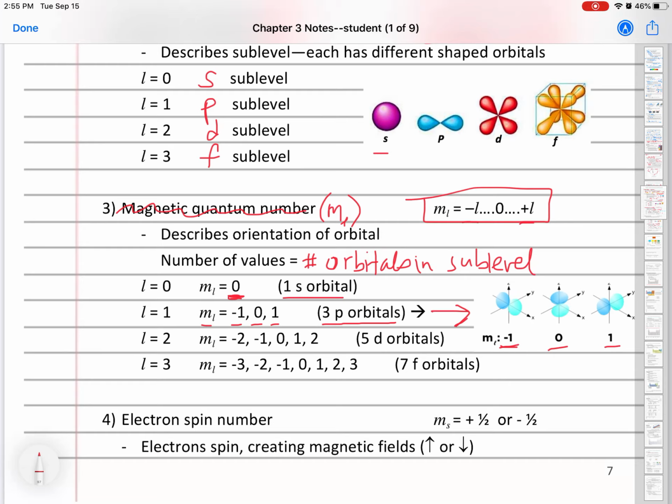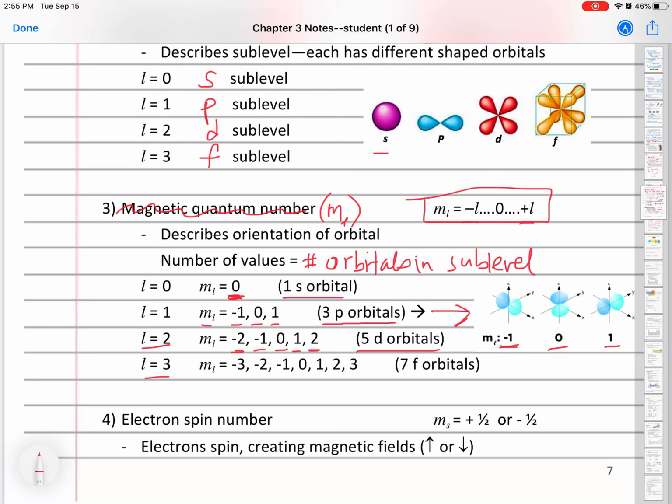Those are the addresses, or the m sub l quantum number, for each of those 3 orbitals in the p sublevel. If you have an l of 2, that means that your m sub l values can go from -2 to +2. That's a total of 5 orbitals. So the d sublevel, because an l of 2 is the d sublevel, has 5 orbitals.